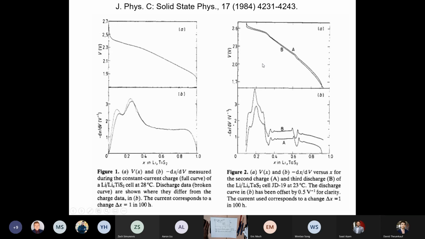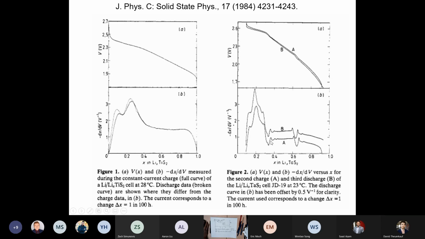Over on the right-hand side, this is for tantalum disulfide. It has basically the same structure as titanium sulfide, it just has tantalum instead of titanium. And you see a very different looking set of curves. They have these humpy things at the beginning, 1 hump, 2 hump.